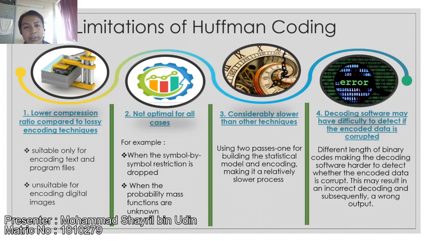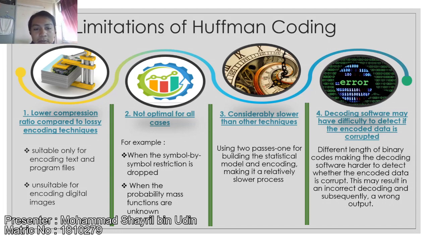Now, about the limitations of Huffman coding. Firstly, Huffman coding has a lower compression ratio compared to other lossy encoding techniques. This makes Huffman coding only suitable for encoding text and program files. It is unsuitable for encoding digital images.